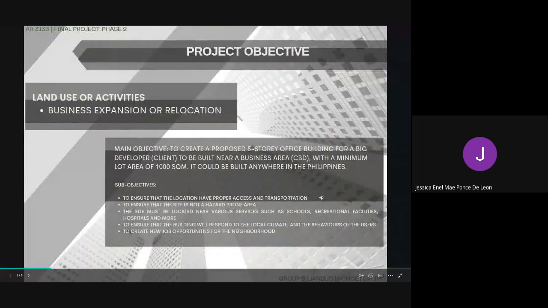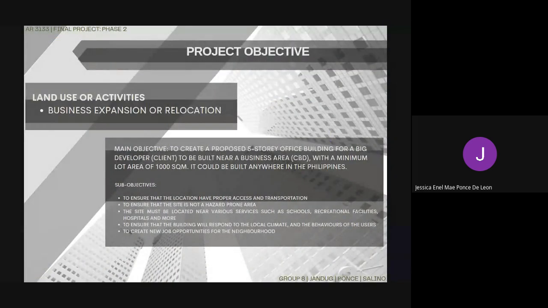Okay, good morning, everyone. Today I'm going to present our site selection process. The main objective of our project is to create a proposed five-story office building for a big developer, to be built near a business area with a minimum lot area of 1,000 square meters, and it could be built anywhere in the Philippines.